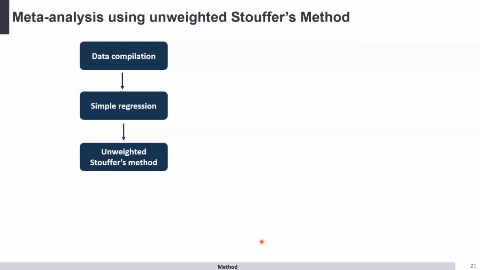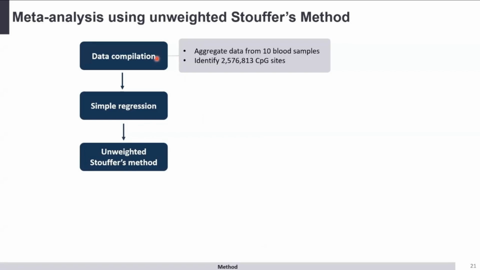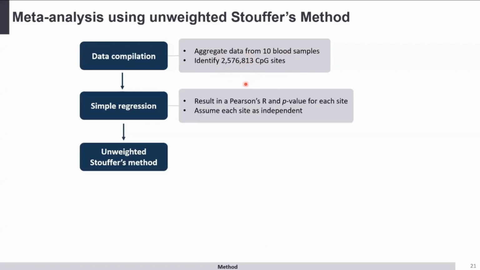Before jumping into the result, I first want to explain how we perform the meta-analysis to discover new CpG sites that could be associated with age. After we aggregate the data from the 10 blood samples, we have a total of 2,500,000 CpG sites. Then we basically did what we have done for the forensic age markers.